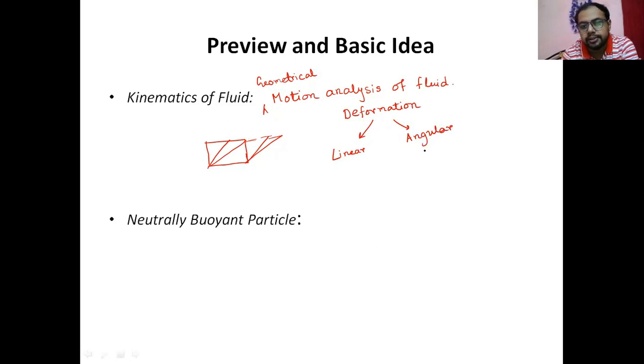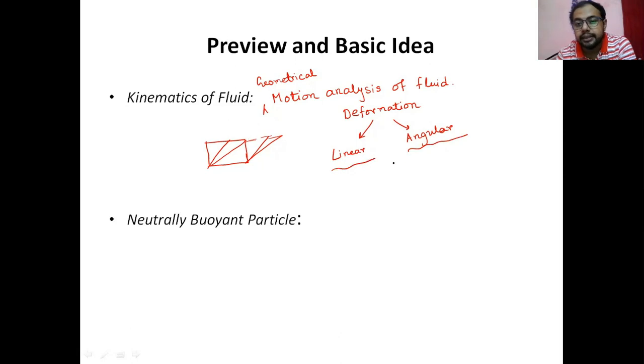So linear deformation, we'll see one by one. Linear deformation means the length is increasing, lengthwise it is increasing. So that is the linear. Angular change is occurring due to the shear stress. That is the angular deformation.